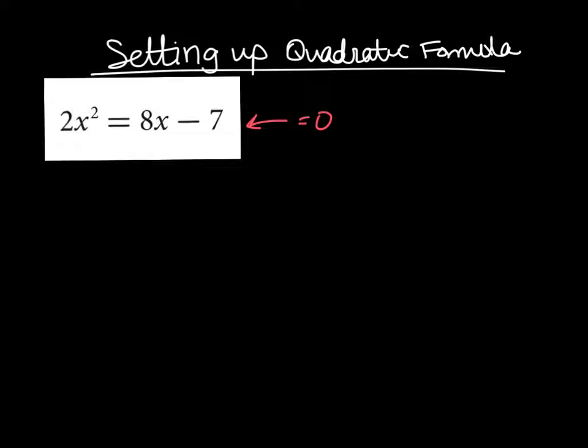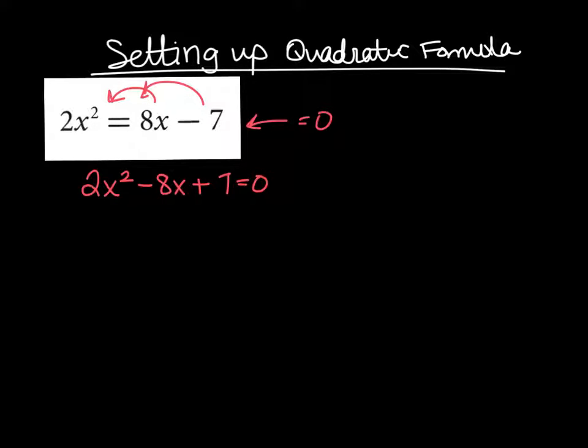You could move the x squared to the right, but that's going to give you a negative value. To me, it's easier to move both of these pieces to the other side, which gives me 2x squared. When I move the 8x, it becomes negative 8x, and when I move that negative 7, it becomes positive 7 equals 0.